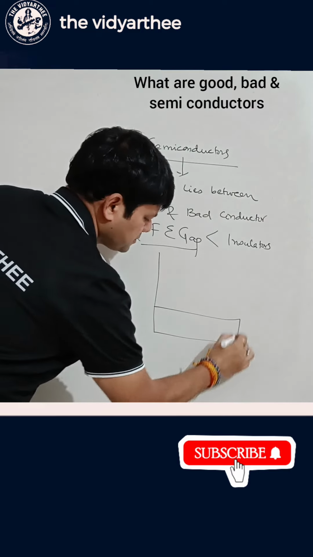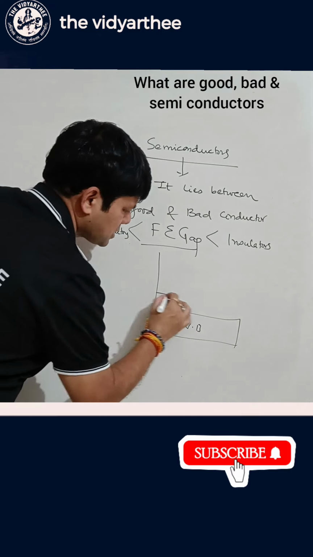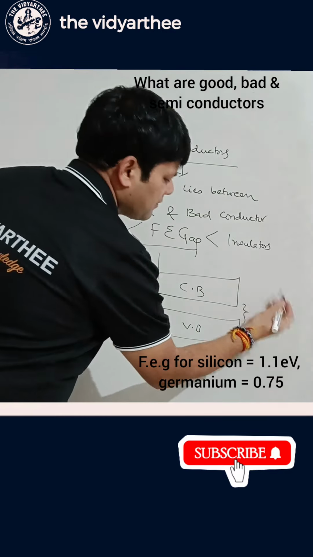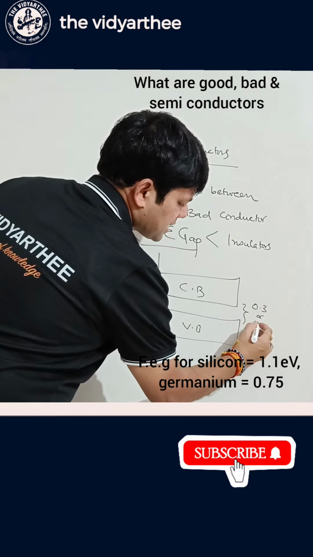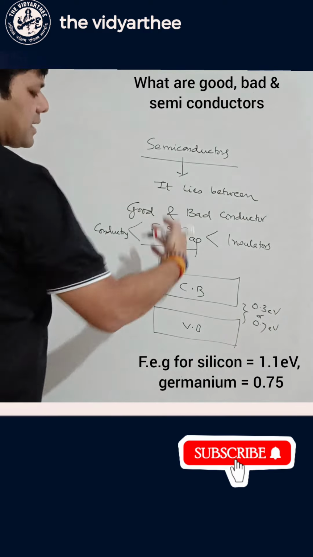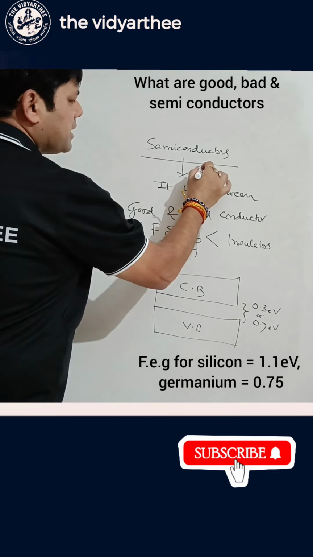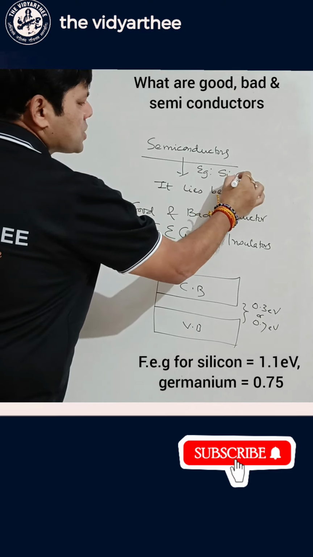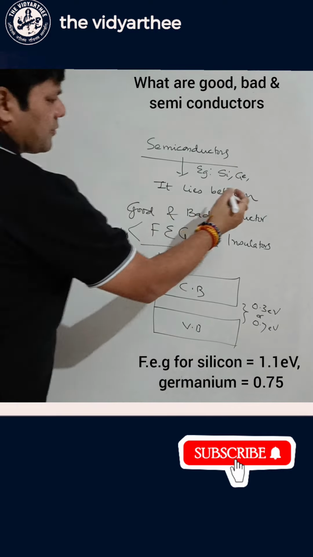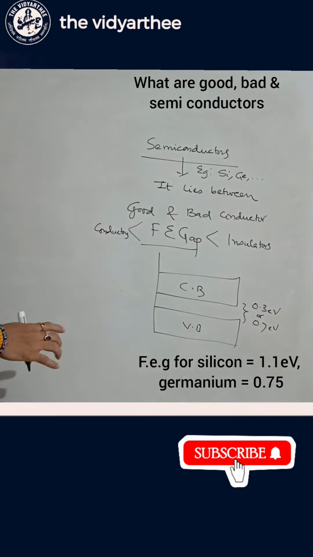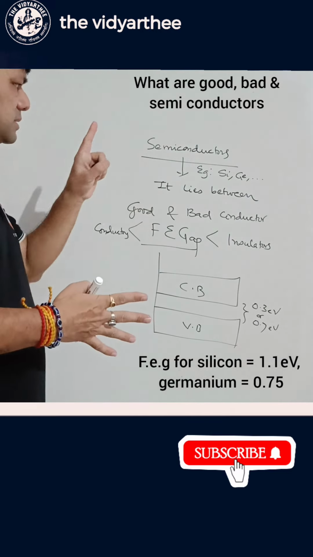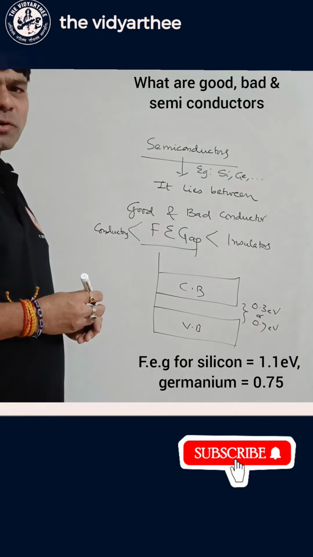If this is your valence band, this is your conduction band, and this forbidden energy gap is somewhere, say for example 0.3 or 0.7 electron volts for some of the semiconductor materials. Examples of semiconductor material are silicon, germanium, and there are various compounds also. We'll come to that later. I hope you understand this difference between conductors, semiconductors and insulators. Thank you very much for watching this video.